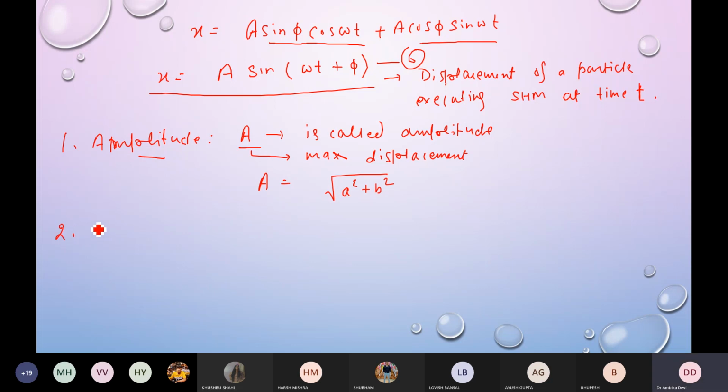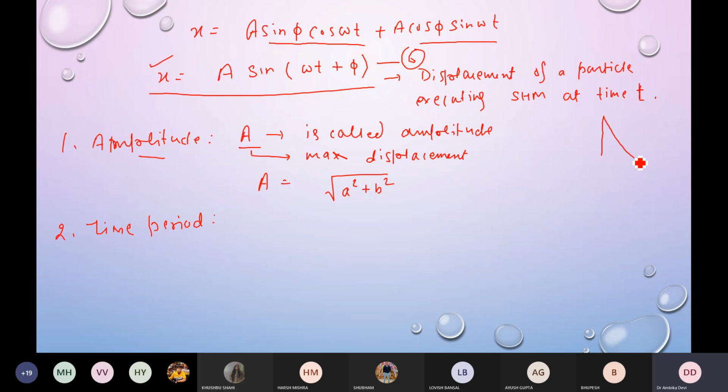Then time period. See, time period we can talk about from this equation. I told you simple harmonic motion is periodically repeating, right?